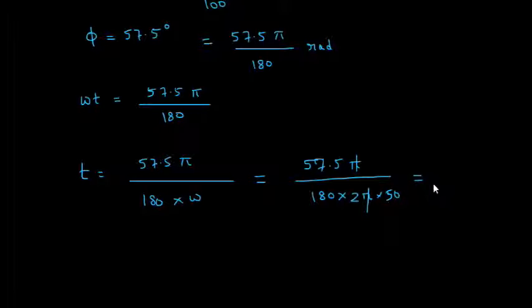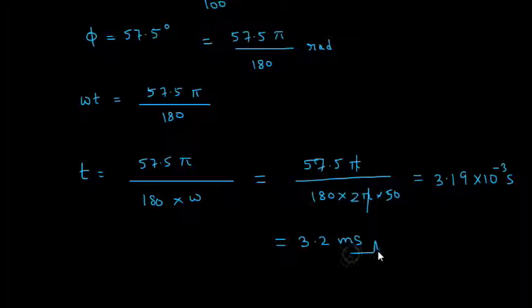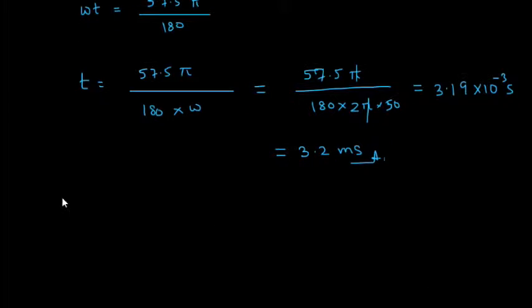Upon solving, we get time is equal to 3.19 multiplied by 10 to the power minus 3 seconds, or we can write in similar form 3.2 milliseconds. This is the answer. So write it in a proper way.